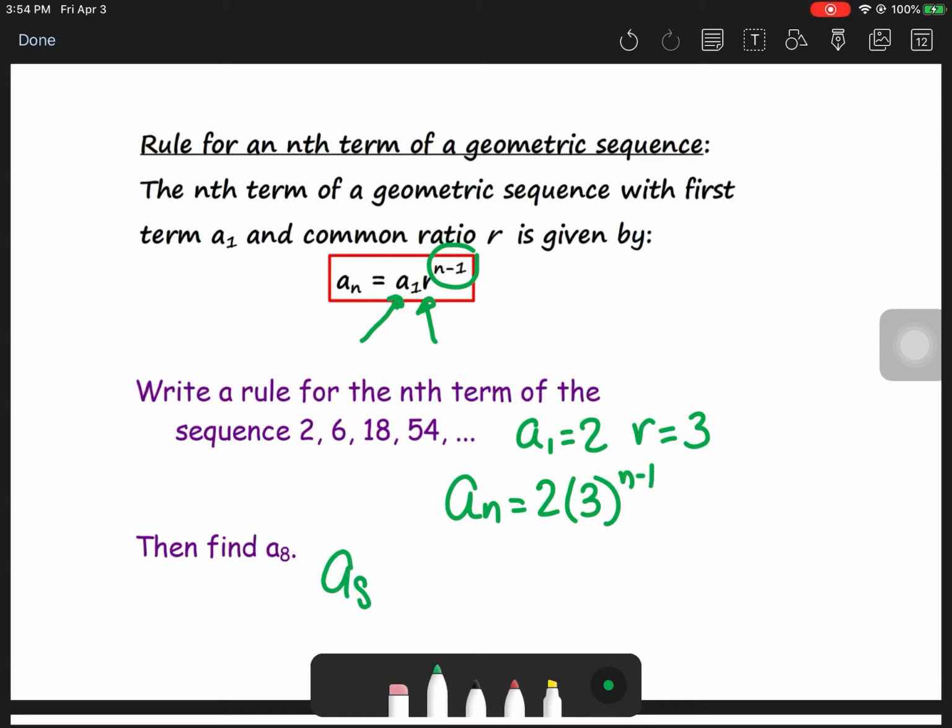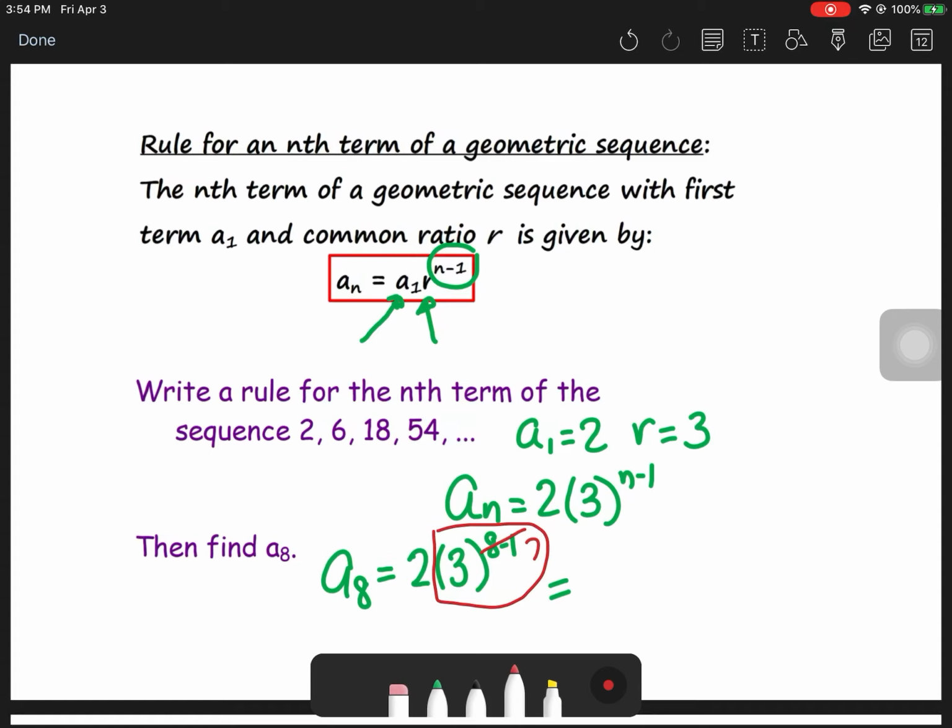So if I want to find the 8th term, I take 2 times 3 to the 8 minus 1 power. The 8 minus 1 power would be 7. So the first thing you have to remember is you must do the power. But if you punch it in your calculator, it will work.